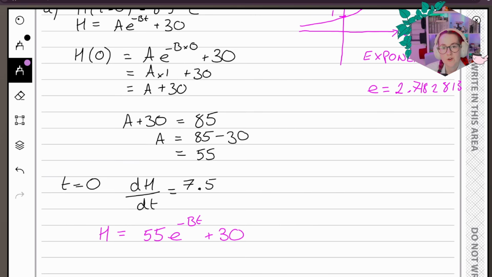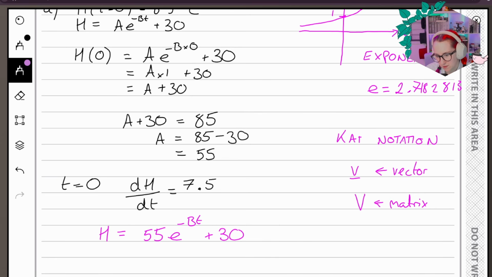In print, I like vectors to be Roman font, lowercase, and bold. When writing it, I underline my vector. I'm the same. When I'm handwriting it, underline for a vector, capital for a matrix.